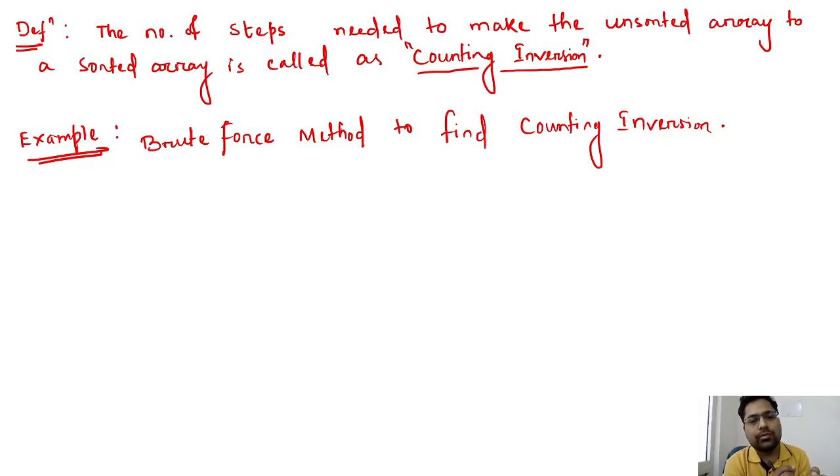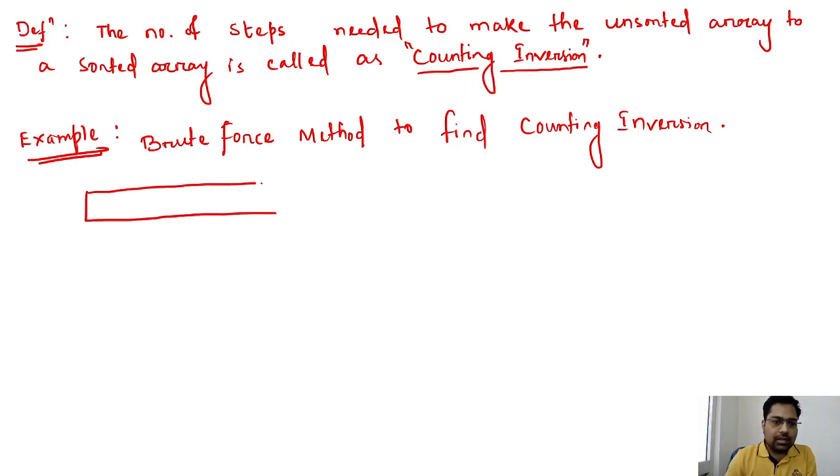The meaning of brute force is the initial approach, or the hit and trial method. This is called brute force in algorithms. One array is given to us, and from this array we have to find the number of steps required to make it sorted.